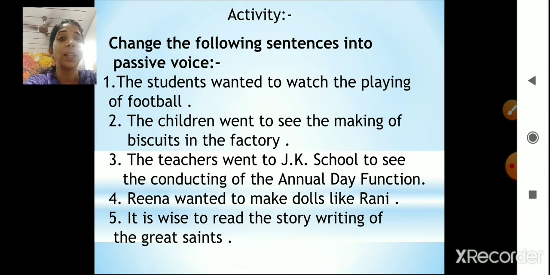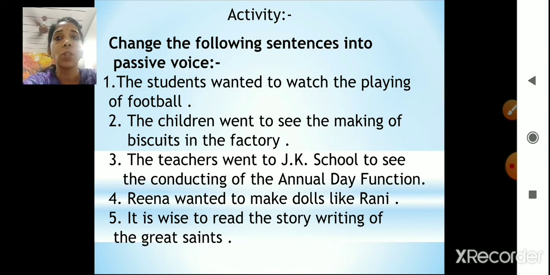The students wanted to watch the football being played. What is the gerund here in the question? Playing. Playing is the gerund. When we write this sentence in the passive voice, we change playing into played, and we use the auxiliary verb being.